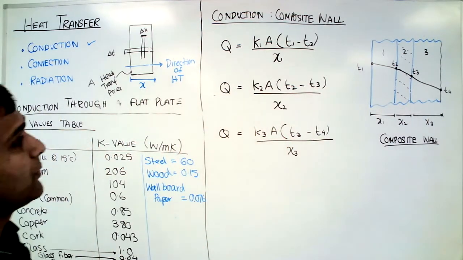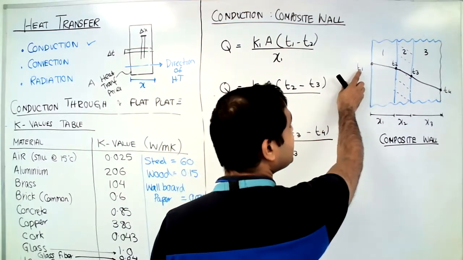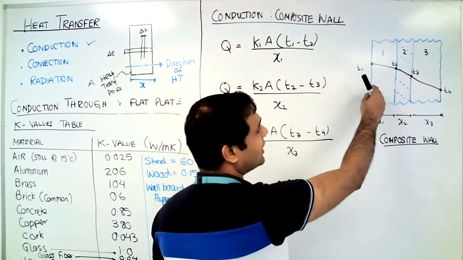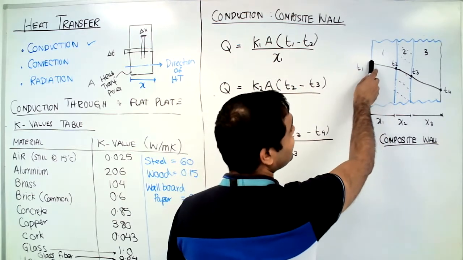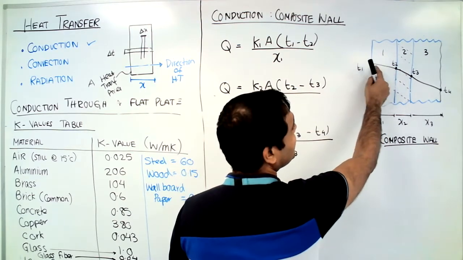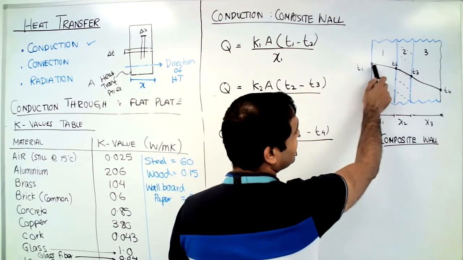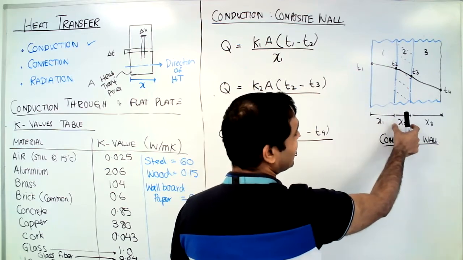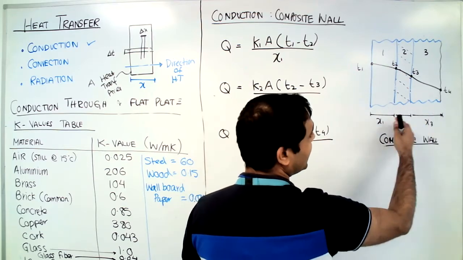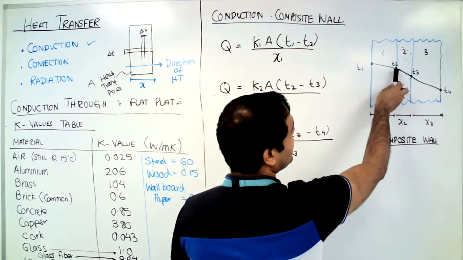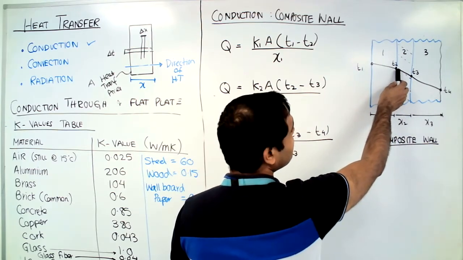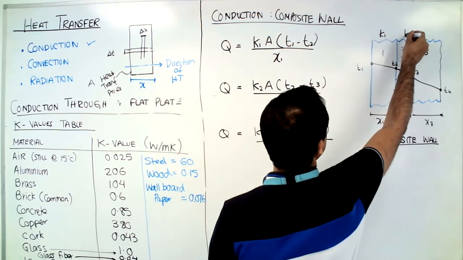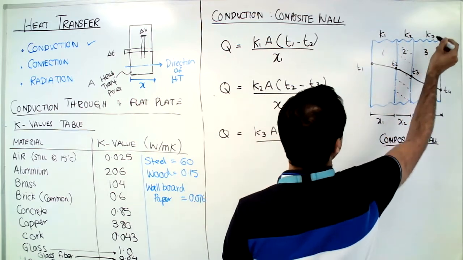The temperature here is T1. As the heat is transferred, there will be a decrease in temperature, hence T2 is lower than T1. The thickness of the first wall is X1, then X2, X3. They're all different thicknesses, and each has a constant: K1, K2, and K3.